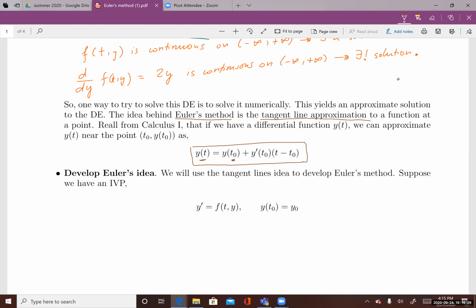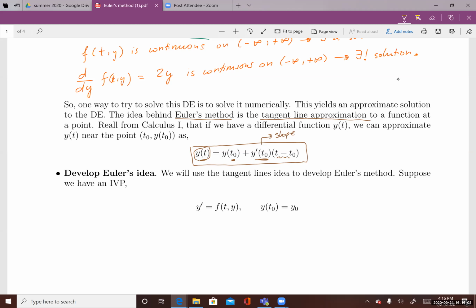And then once you find the derivative of the function y at t0, you multiply, and this is going to give you the slope of the line, by the distance between t and t0. So this is just the point-slope formula of a line. And if we use the derivative to find the slope of the line, then it's called the tangent line approximation to approximate this point right here.